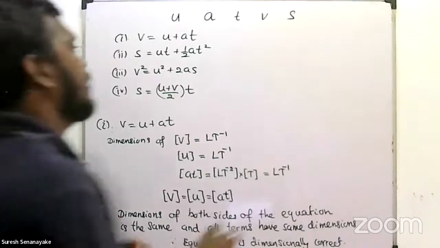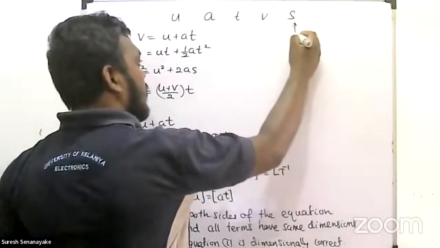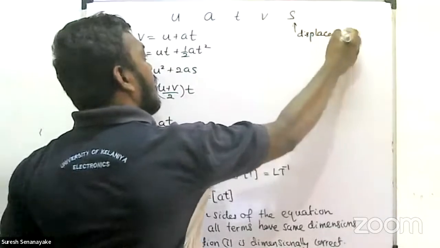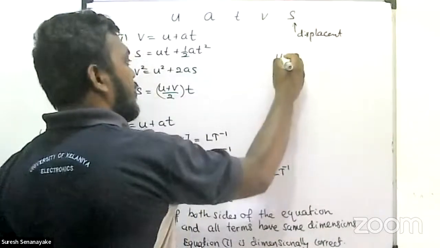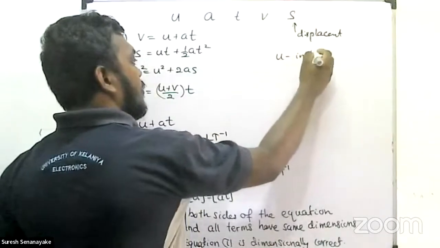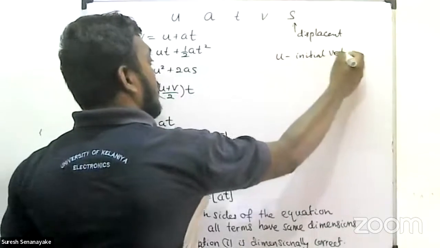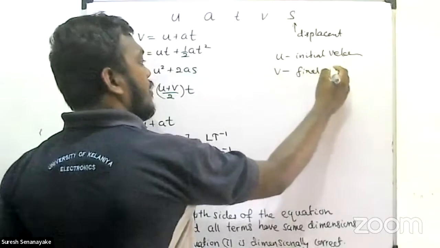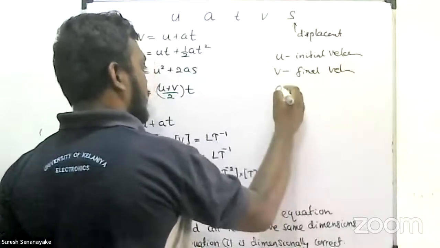Okay, that's s and u. s is the displacement. u is the initial velocity. v is the final velocity. a is the acceleration, right?